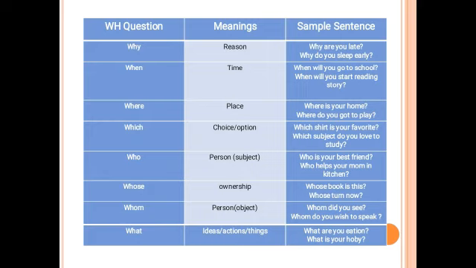Same with the next example, whose turn now? For example, somebody is playing a game and there are so many people participating, but the turn comes one by one. Same here, they're asking about whose turn now.